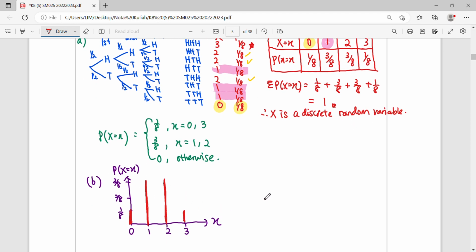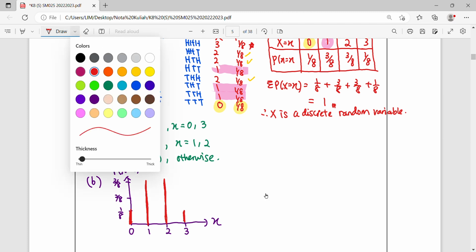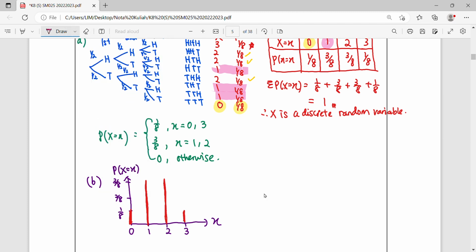I can add advanced questions here. Can you state what is your mode? Mode happens at 1 or 2. So x equals 1 or 2, because they have the same highest probability.